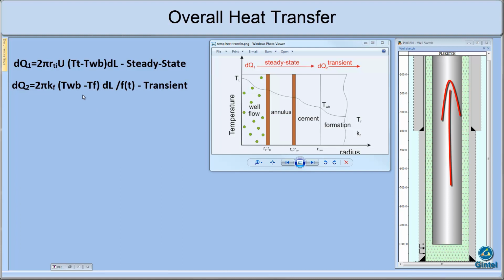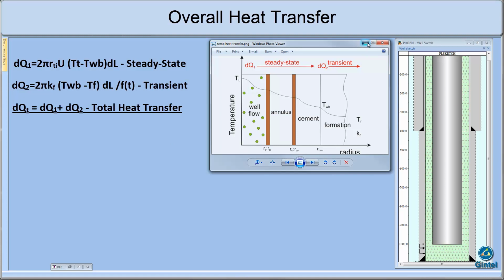In this case, time function Ft is a solution of the diffusivity equation. Finally, delta Qt equals delta Q1 plus delta Q2, which is the total heat transfer from the wellbore.